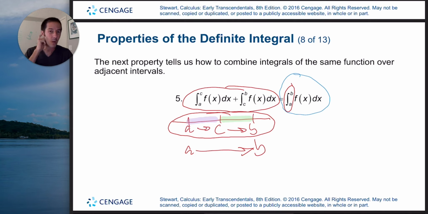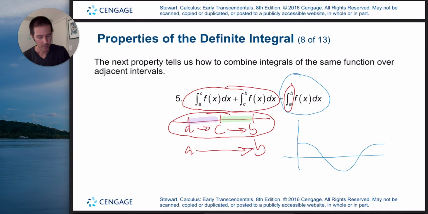Why would I ever want to do that? It sounds like I'm making more work for myself. Sometimes you can't get around it. Remember, we saw a problem earlier where our curve went like this, and the area inside the first portion was positive, and this was negative, and then this area under the curve was positive.